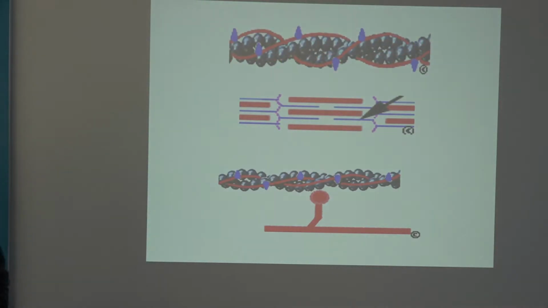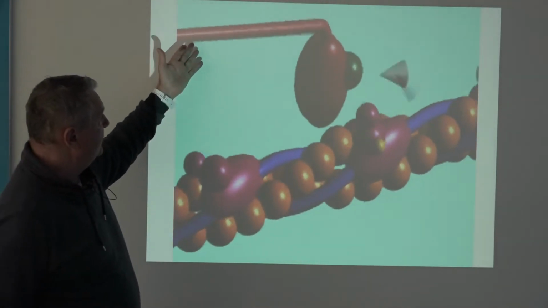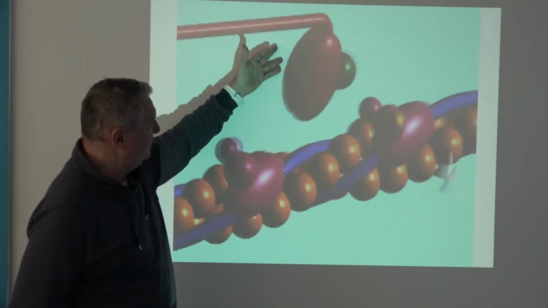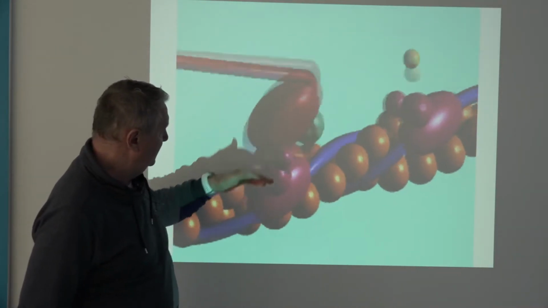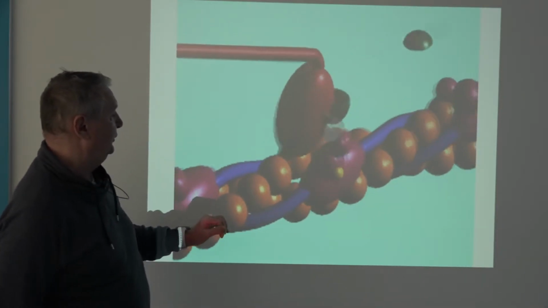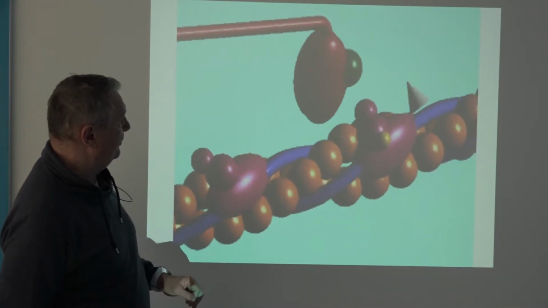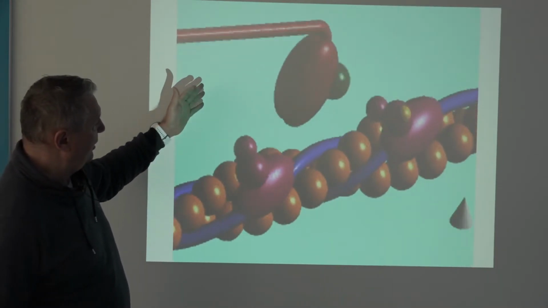But I have a better picture of that. This is what you can see. So here we get a myosin heavy chain, heavy head. This yellowish one, the actin, and this purple one is troponin. So this is how it works.